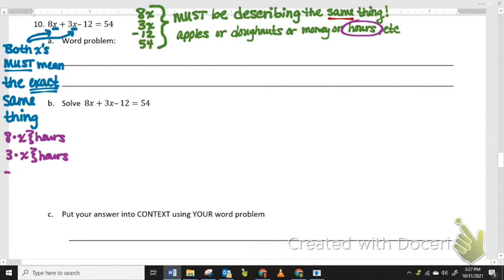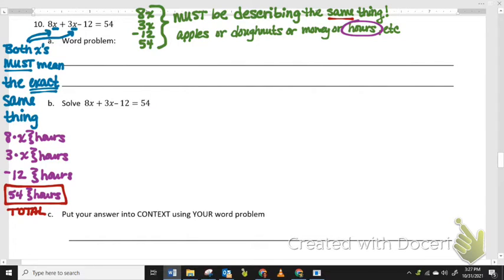Negative 12 will mean hours, and we'll talk about how that can be a negative here in just a minute. And then 54 would also need to mean hours. And 54 is our total hours, because that's what comes after the equal sign.